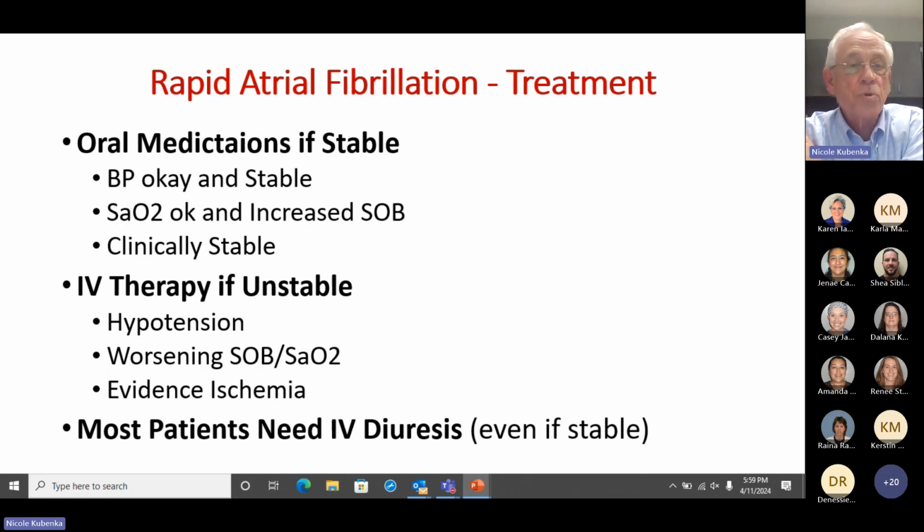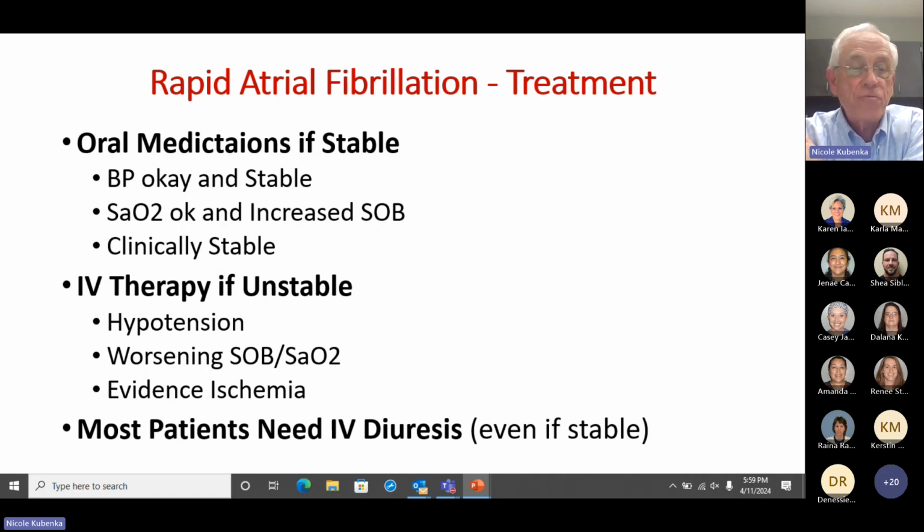But when you see blood pressure going down or pulmonary congestion developing, then you've got to be more aggressive. But if the blood pressure is okay, the saturations are okay and they're not short of breath, you don't have to put them on a cardizem drip. You can start them on medications.